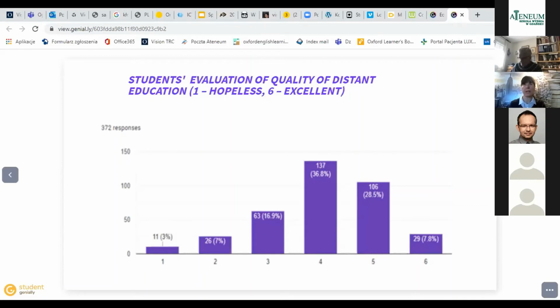As I'm saying, this data refers only to language teaching and language learning. It does not refer to teaching other subjects. What is also quite satisfactory, only 3% of the participants expressed strong dissatisfaction with online education.